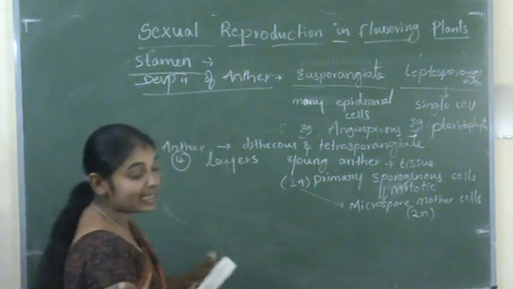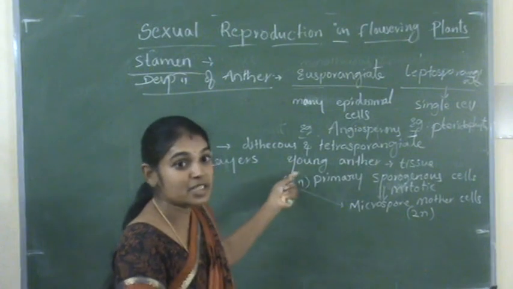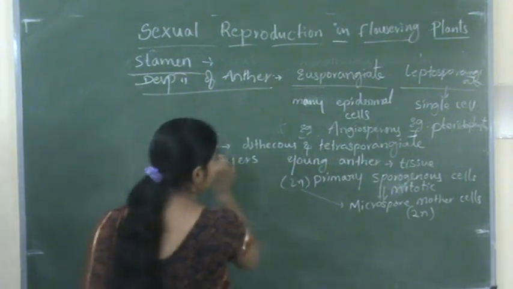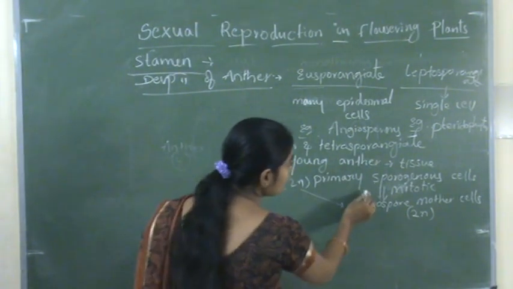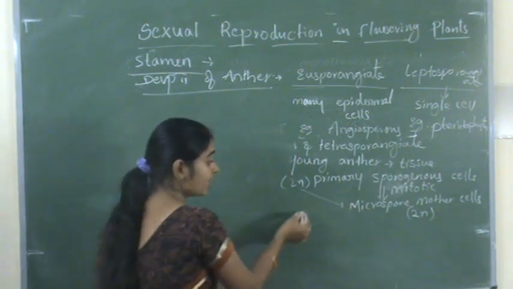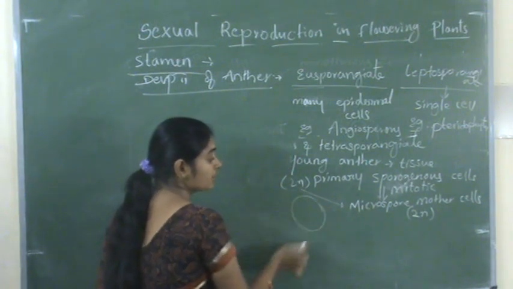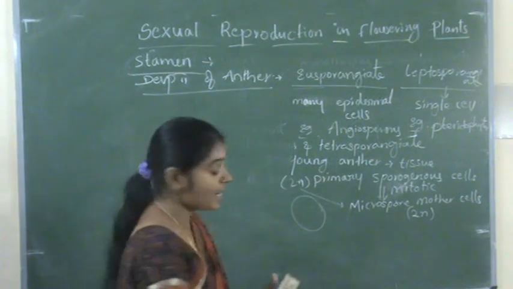Now we will see what the 4 layers present in the anther are. This sporogenous tissue is surrounded by the 4 layers of the anther.